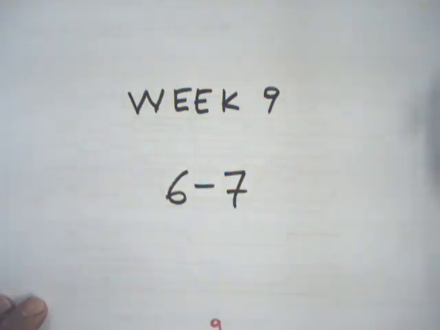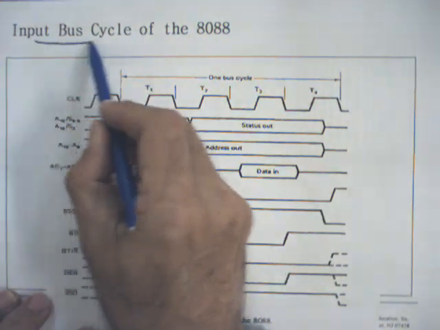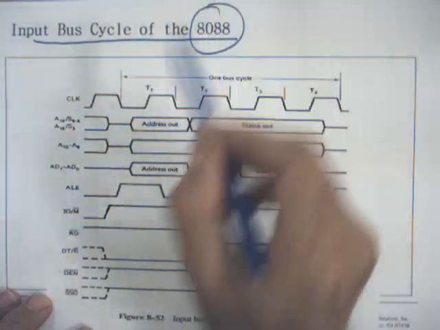Week number 9, slides 6 and 7 also created some confusion. These diagrams are a bit simpler than the previous timing diagrams. So let's analyze these as well. This is the input bus cycle of an 8-bit microprocessor.